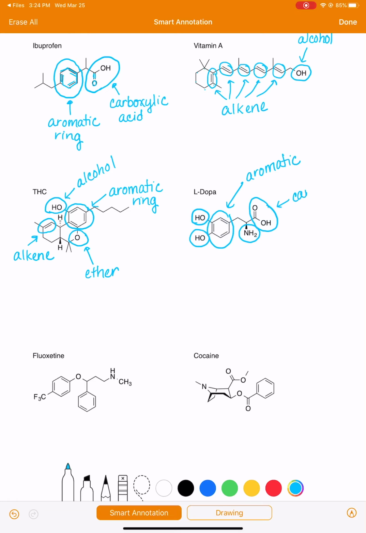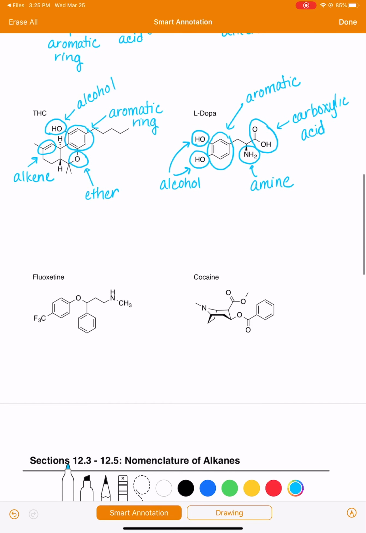This is the carboxylic acid. And these are OHs not attached to a carbon-oxygen double bond, so those are alcohols. And then here is one we haven't seen yet, a nitrogen. Whether it has 2 hydrogens or 1 hydrogen or no hydrogens, that's an amine.